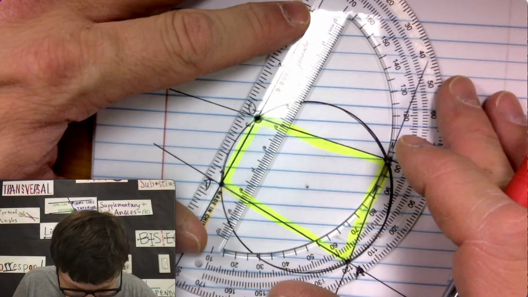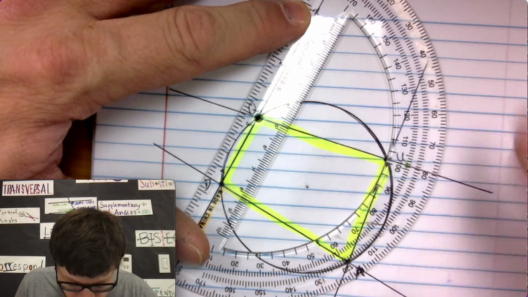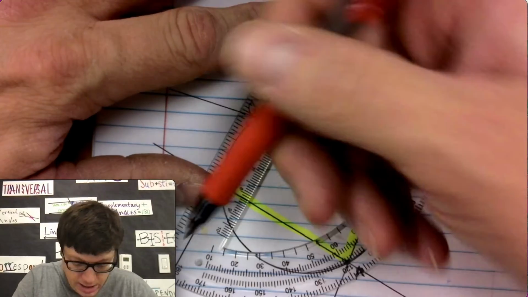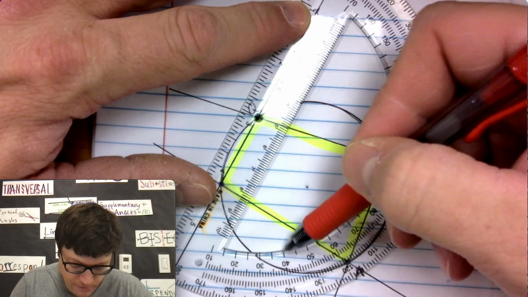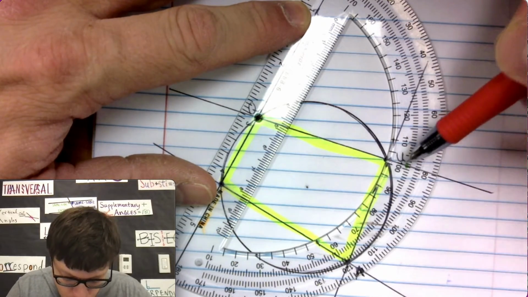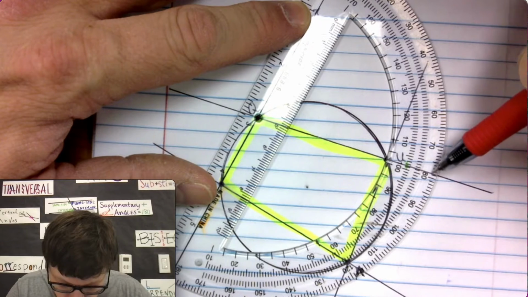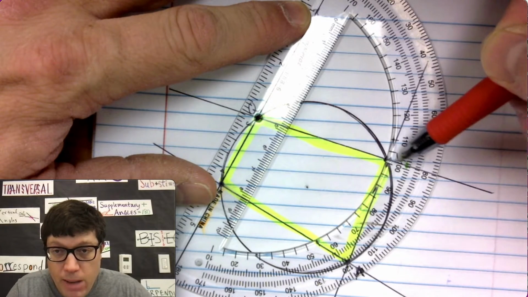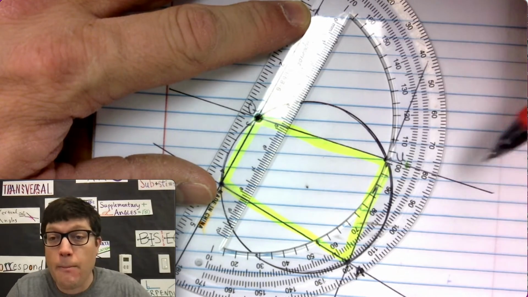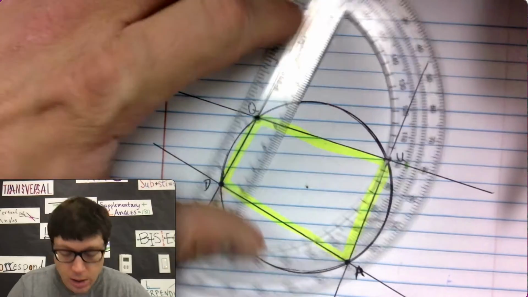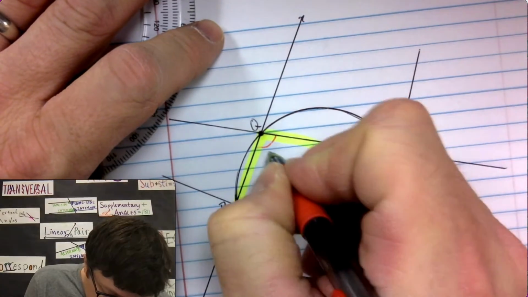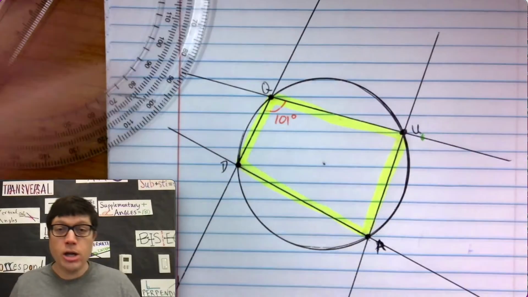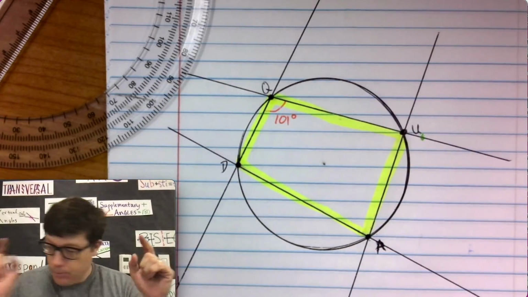Okay, it's lined up, centered over, starting from 0 down here. 10, 20, 30, 40, 50, 60, 70, 80, 90, 100. It looks like 101. Right? Maybe a little bit more than 101, but not much more. So I'm not going to say 102. I'm going to call this a 101 degree angle.